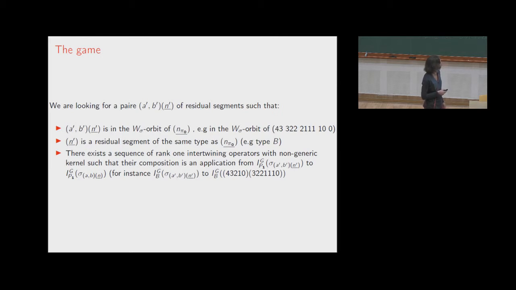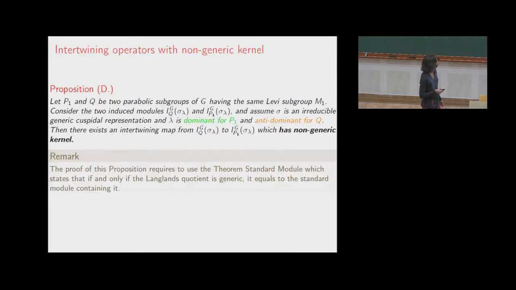I need to look again at these W_σ orbits, and you want some linear part and some residual segments of type B, C, or G, such that this one is of type B. In this context, we have fixed the Weyl-Dynkin diagram to be of type B. And you want also rank 1 intertwining operators with non-generic kernels going from this induced representation to this one, which was the one containing the standard module, right?